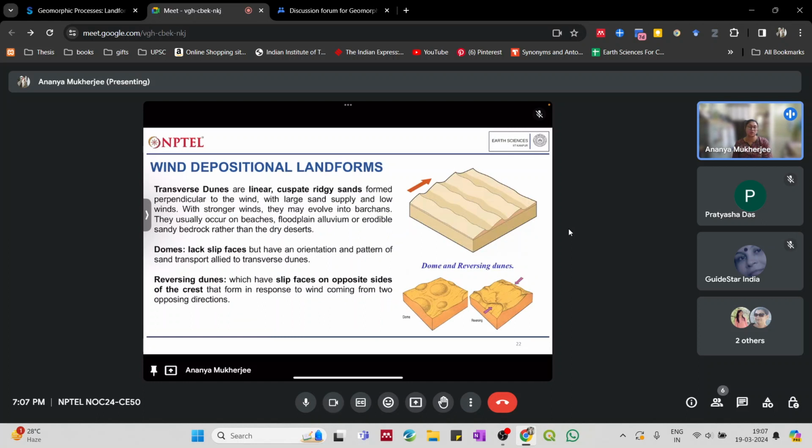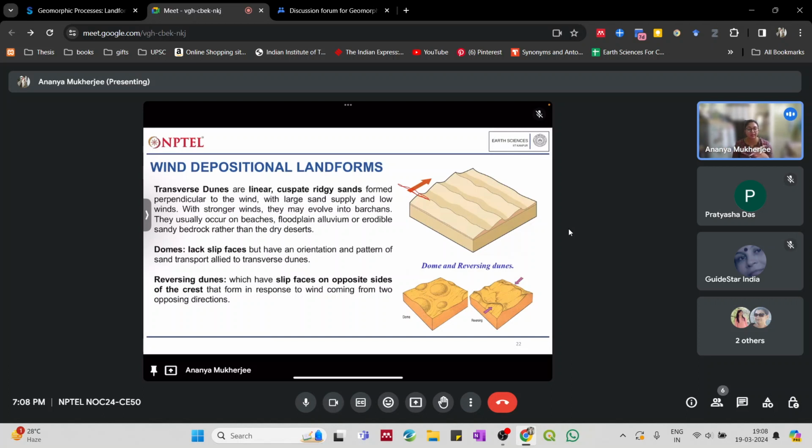Now we come to transverse dunes. So these are again linear dunes, and these usually look like ridges of sand, and again the crest is perpendicular to the wind direction. These may evolve into Barchans if there is a variation in the speed of the wind from one place to another in the lateral direction.